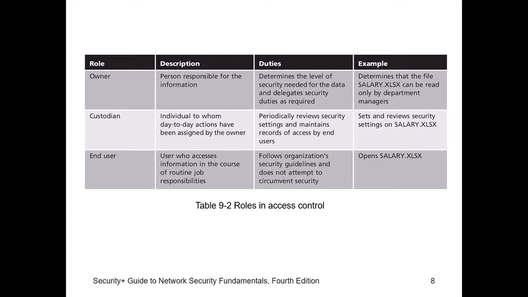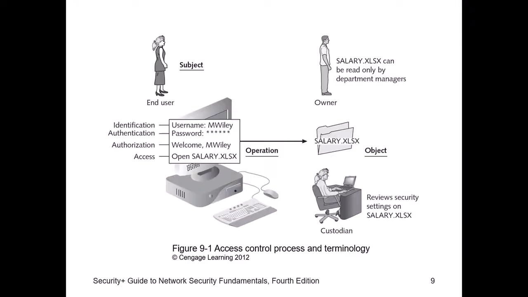A custodian is an individual to whom day-to-day actions have been assigned by the owner. So the owner can tell this custodian to do certain things, give him or her some rights on the salary file. The end user is the one that actually gets to use the file itself.